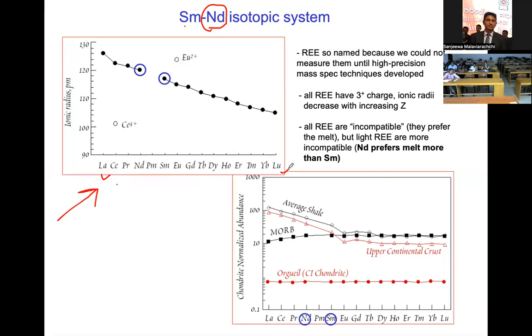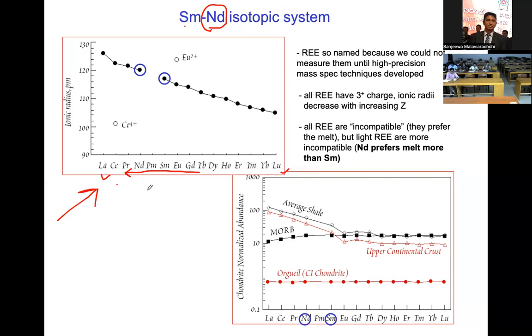In the rare earth elements, we plot these diagrams in a way that the more incompatible elements are arranged in this direction. If you compare any two elements in this diagram, the left hand side element should be more incompatible than the other one. So always remember, the left hand side is more incompatible than the right hand side.